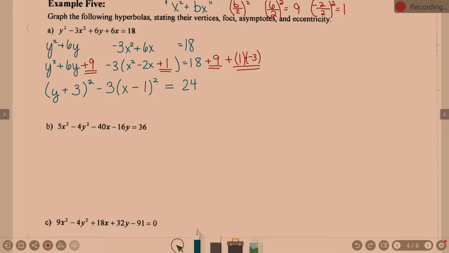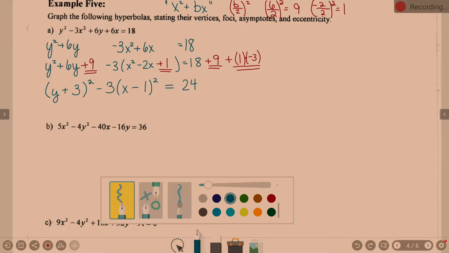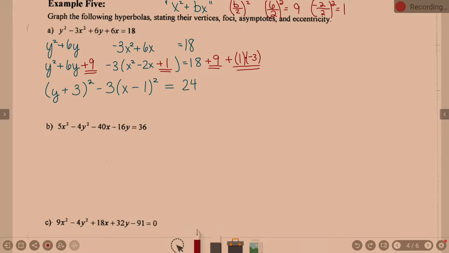What's that last step to get this in standard form? Yeah, we need it to equal 1. So we're going to divide by 24, which means I'm dividing all 3 pieces by 24.